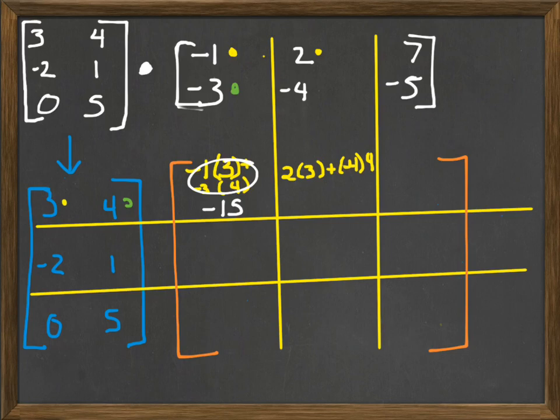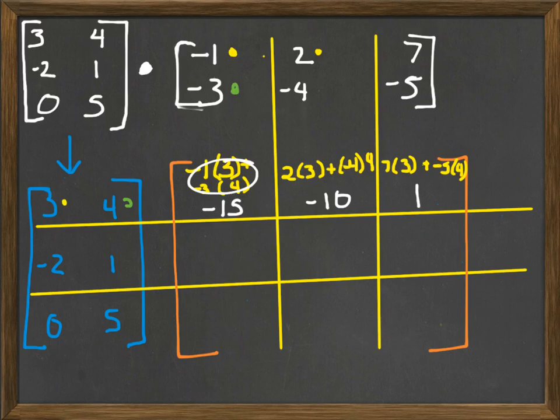When I multiply that through, 6 plus -16 gives me -10. Then I go over to the next one, same process: 7 times 3 plus -5 times 4. So 21 plus -20 gives me a +1.